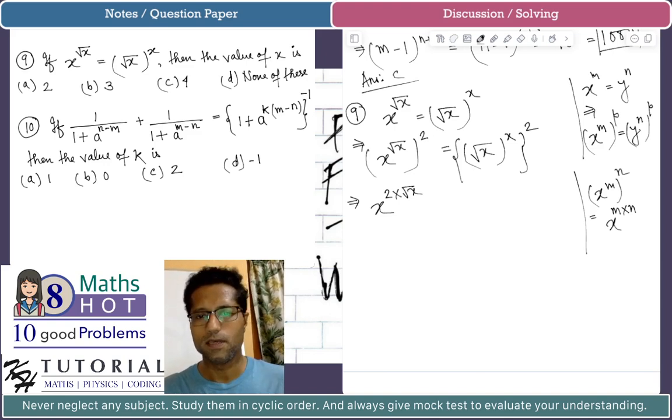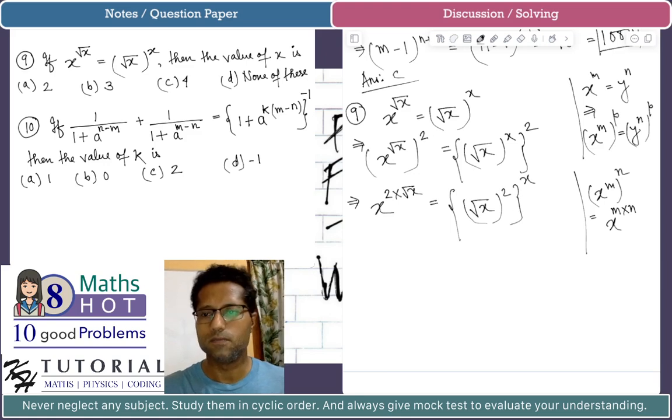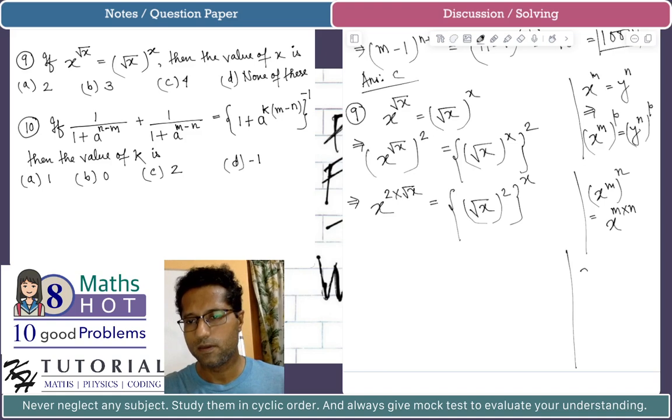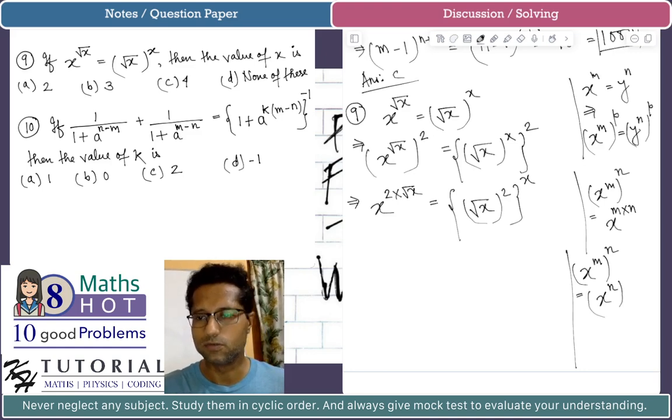So this will be x raised to the power 2 root x, and the right hand side I can say will be root x square and this whole raised to the power x, because if we have x to the power m and this whole raised to the power n, you can interchange the power, and it remains the same, that is x raised to the power n and this whole raised to the power m.